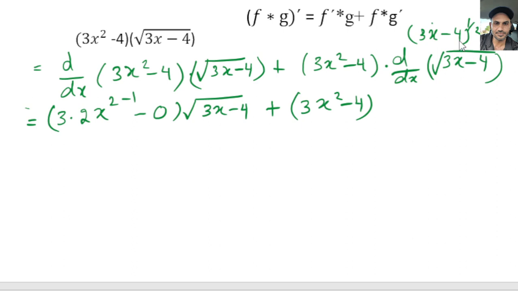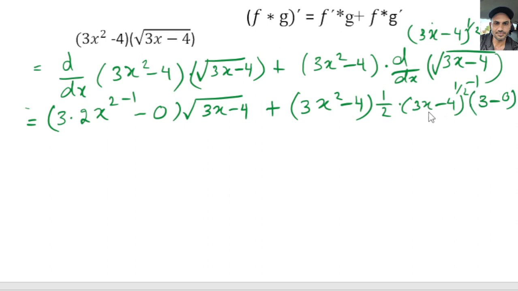So now if we take the derivative of something like this, we use the power rule. So we bring this 1/2 to the front times 3x minus 4 to the 1/2 minus 1. We subtract 1 from the exponent. Now the tricky part is we have to take the derivative of this inside. So when we take the derivative of the inside, the derivative of 3x is just 3 minus the derivative of 4 is just 0.